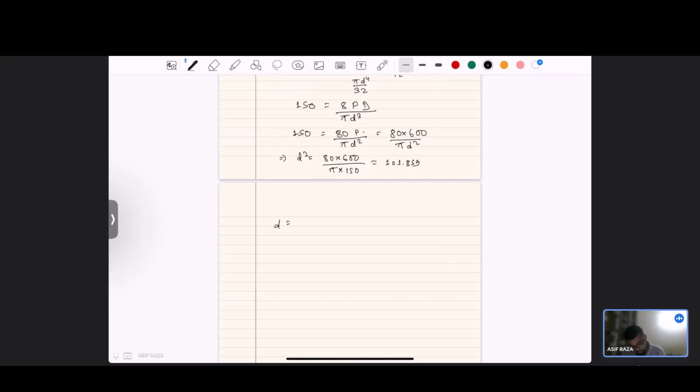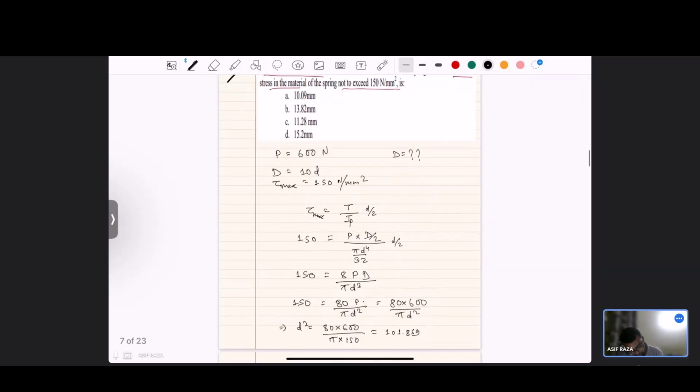D is, taking root of this, this comes around 10.09 mm. Then my mean diameter would be 100.9 mm, right?